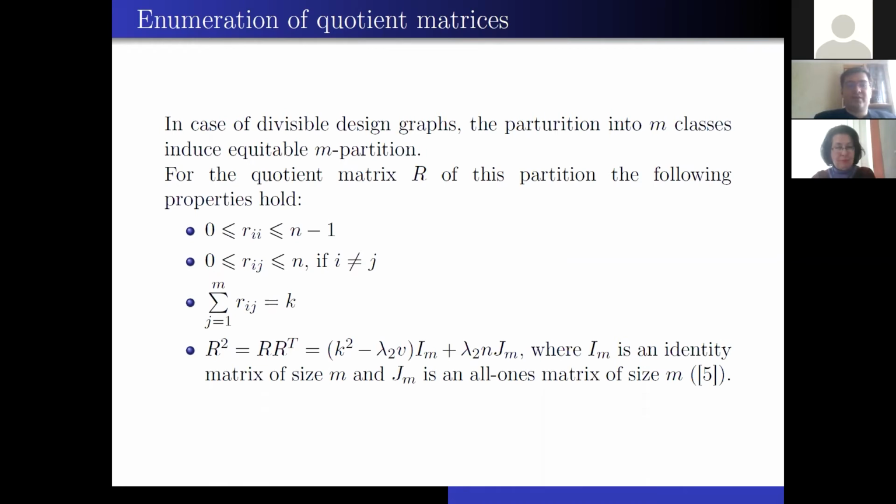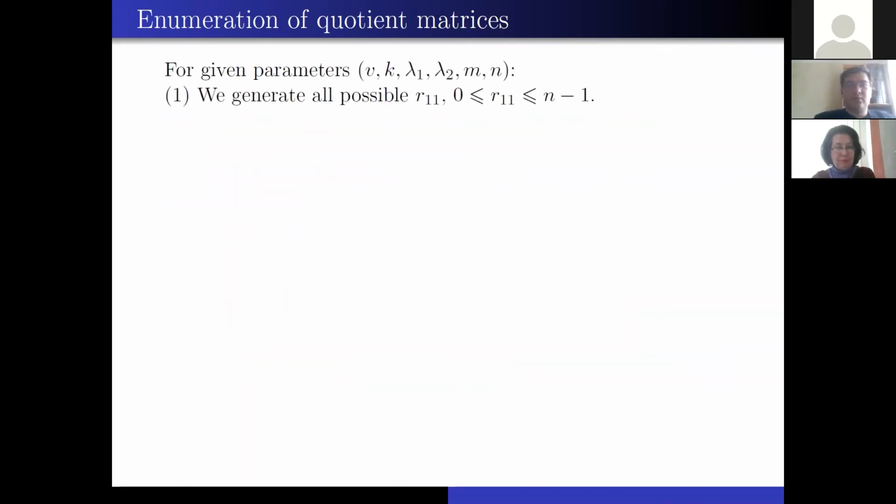Other elements can run from 0 to n. The sum of each row equals k, and there is a matrix equation for R squared. You can see it on the slide below. These properties will give us some nice restrictions for the enumeration of quotient matrices.